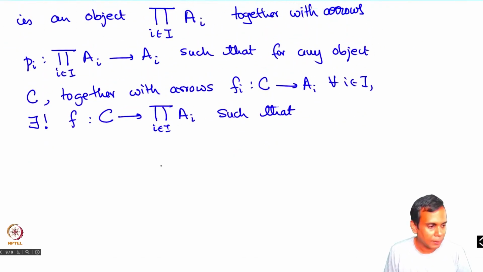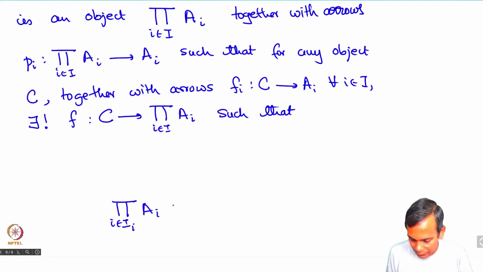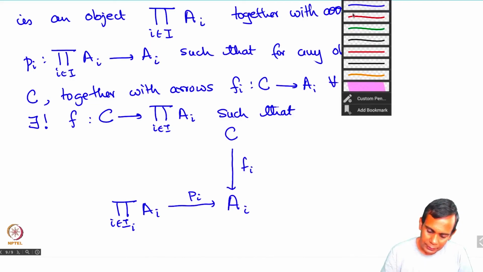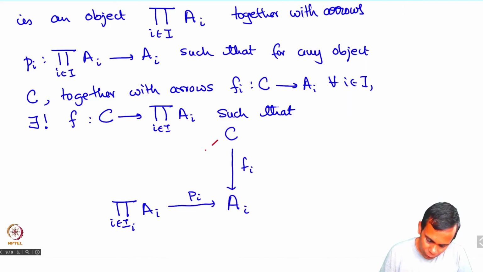So we have the product over i in I of A_i, and we have these projection maps, arrows to A_i, and we have an object C, and we are given a family of arrows from C to A_i called f_i. And the assertion is that there exists a unique arrow from C to the product, which we will call f.